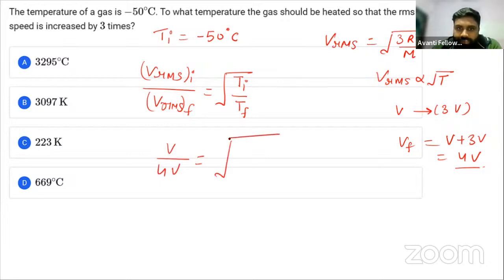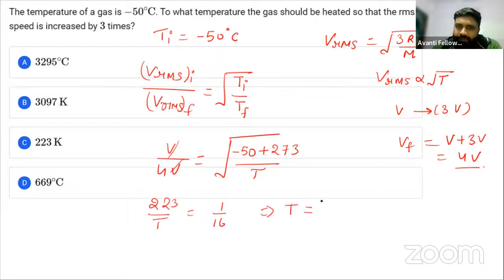Initial temperature, we need to convert the temperature into the absolute scale, which is Kelvin. So minus 50 degrees Celsius, to convert it into Kelvin, we need to add 273 to it, divided by T. So this will become 223 divided by T is equal to 1 upon 60.